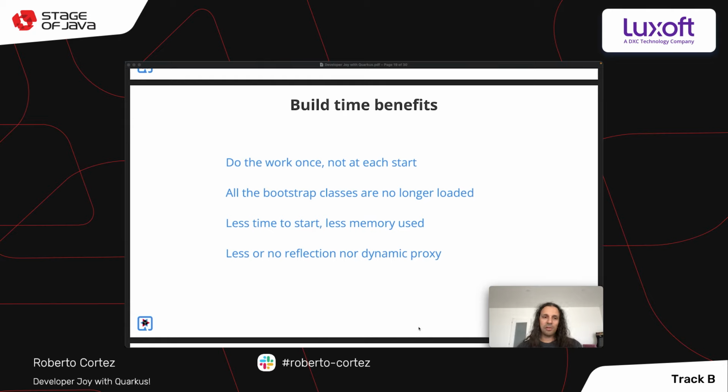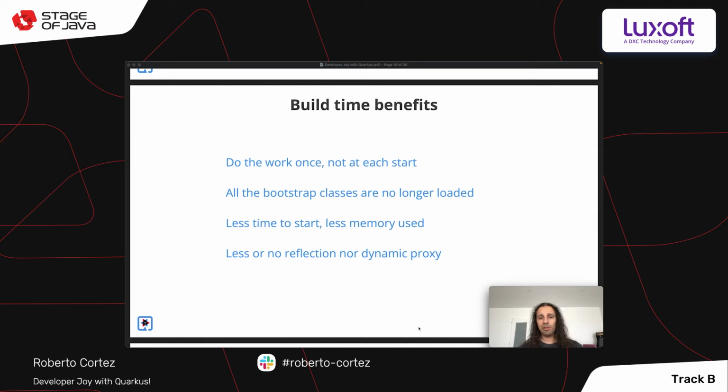As benefits, I think that they're pretty evident, right? So you only do the work once, not at each start, right? Things like bootstrap classes and other things are not required anymore, so you can remove all of that. In the end, you're going to require less time to start and less memory to be used.